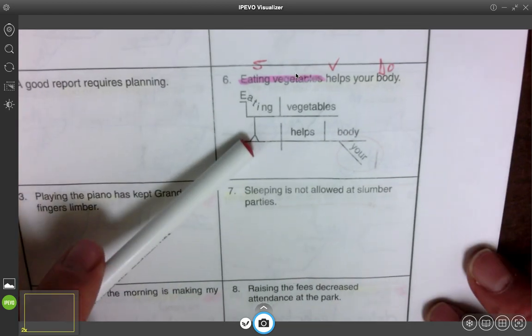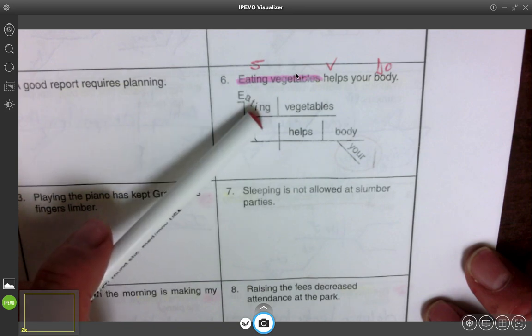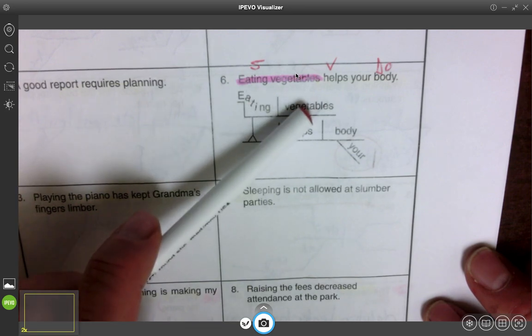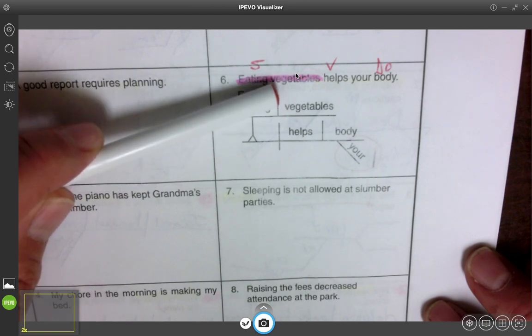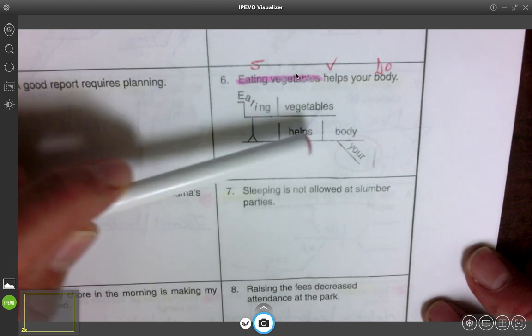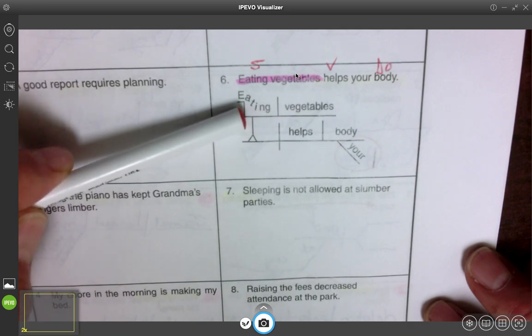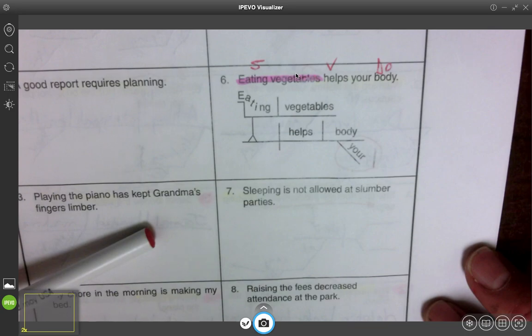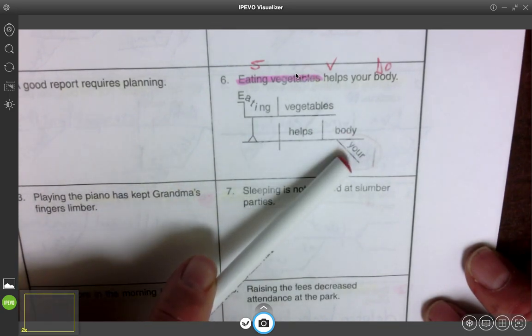The tree identifies it as a gerund. Eating. Eating what? Vegetables. We notice that we use the same kind of line that we would use for a direct object for the object of the gerund. Eating what? Vegetables. The verb, the direct object, and the adjective.